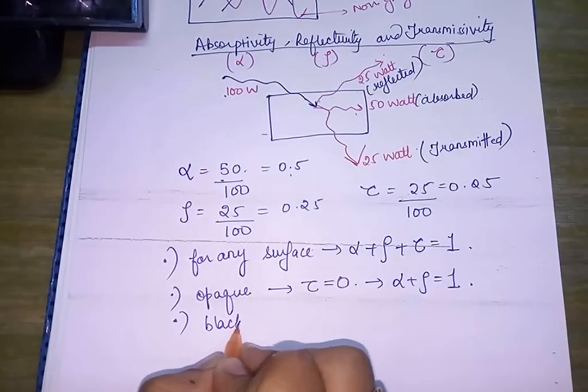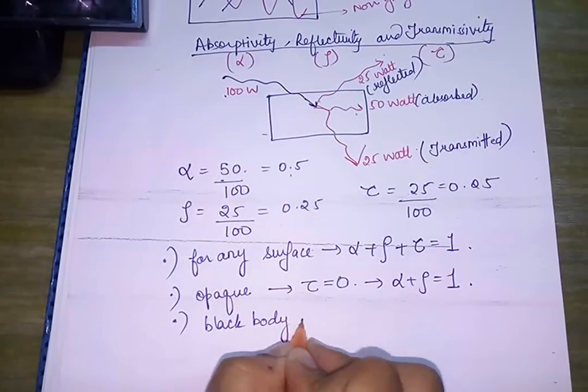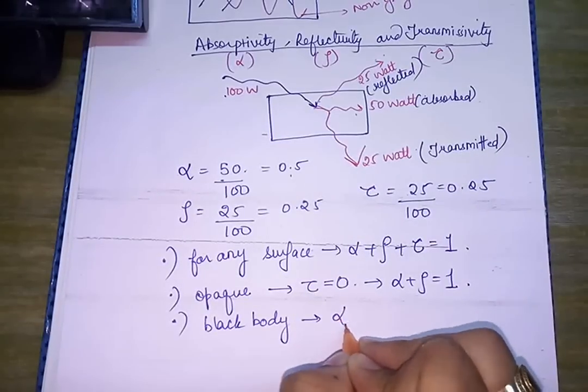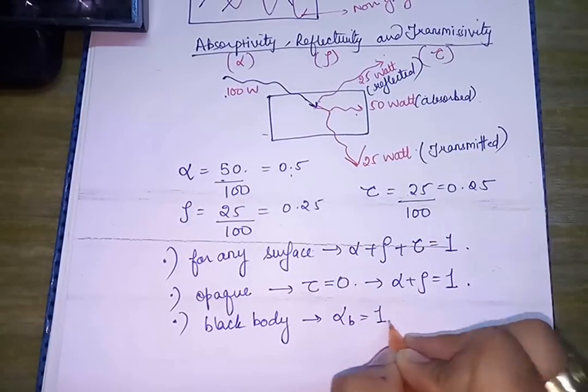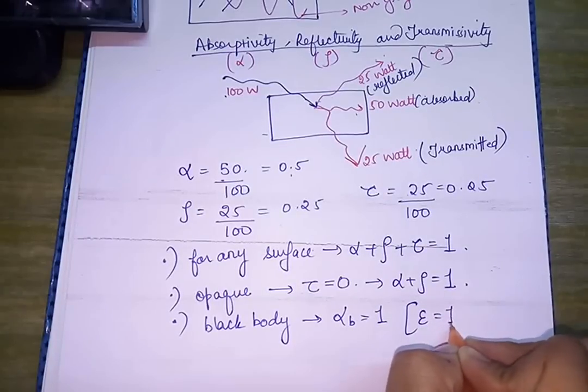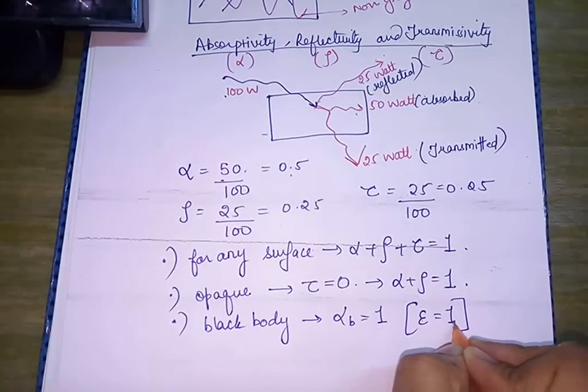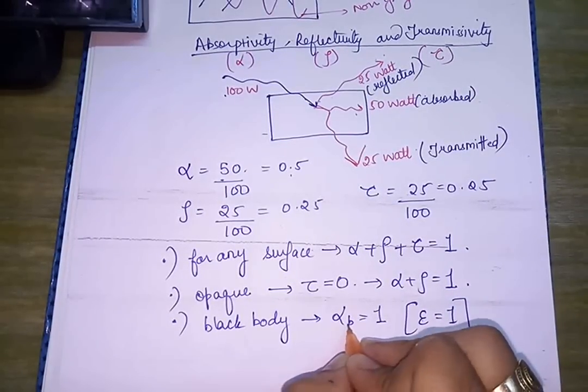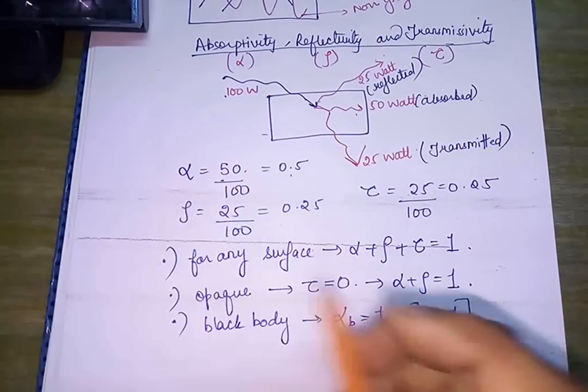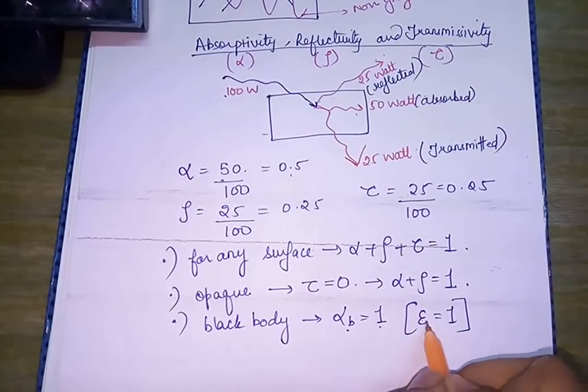For a black body, alpha is 1, since epsilon, the emissivity, is 1. It is an ideal emitter and a perfect absorber. Perfect absorber means alpha equals 1, and epsilon was 1.